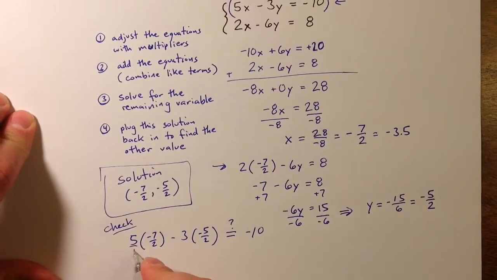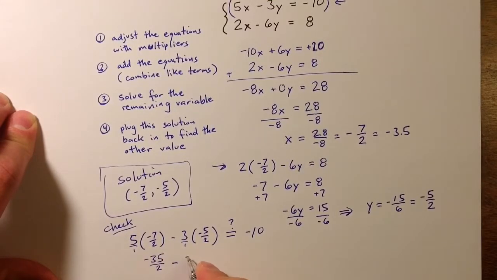Multiplying this out, I can think of the 5 here as 5 over 1. I can think of the 3 as 3 over 1. Multiplying the fractions, I can multiply the numerators. I get negative 35 divided by 2. And then this is a minus negative 15 divided by 2. So that's going to become a negative 35 and then a plus 15.